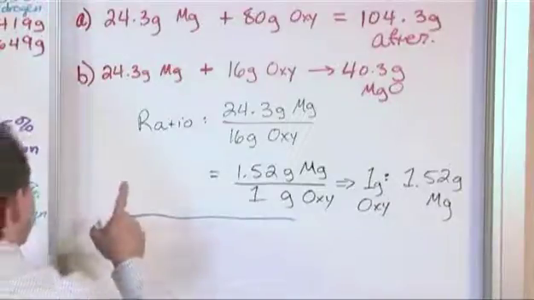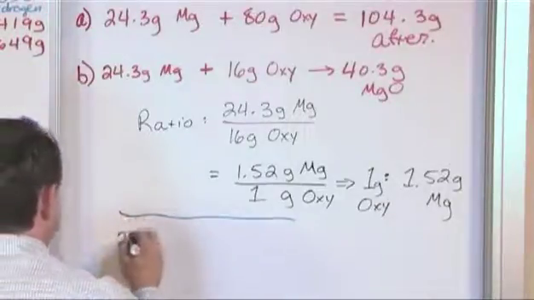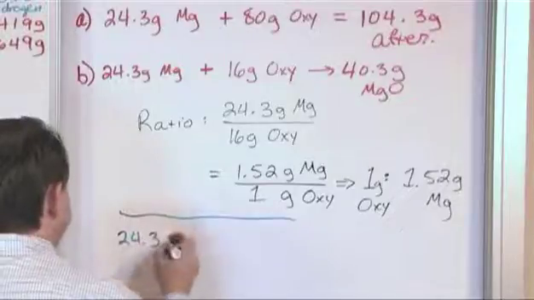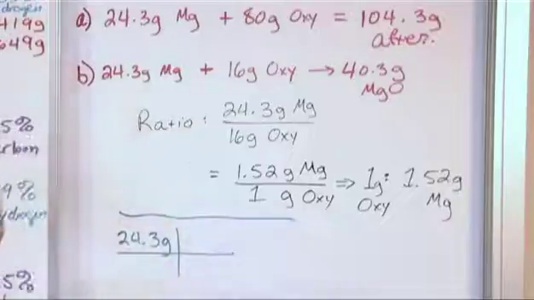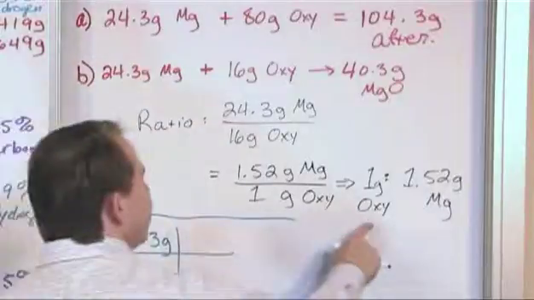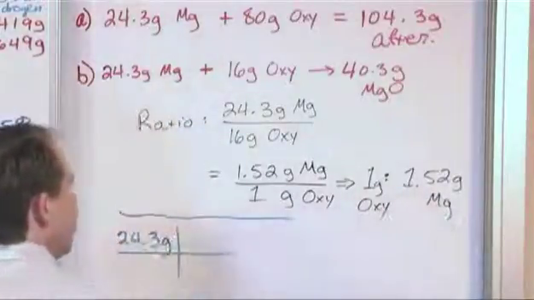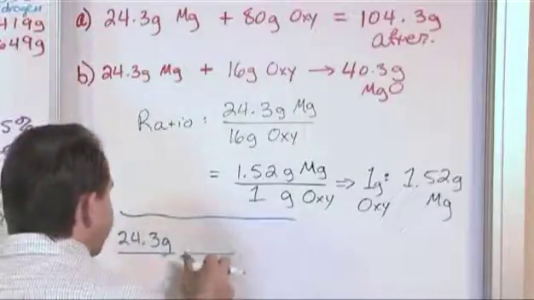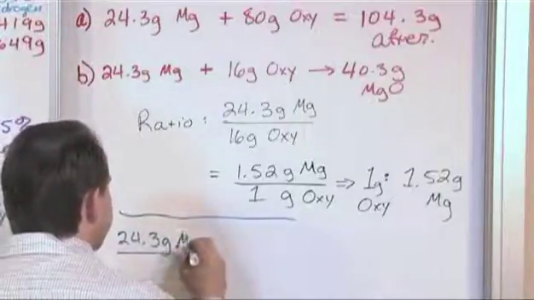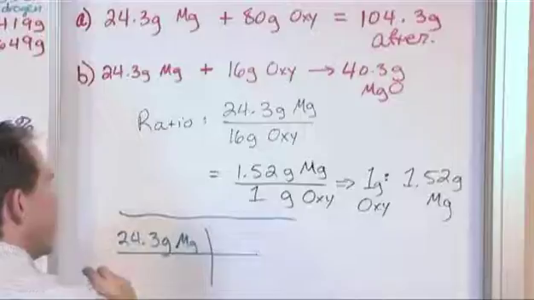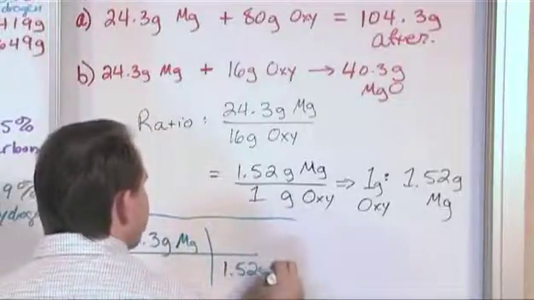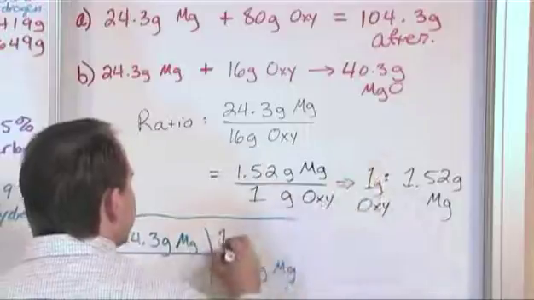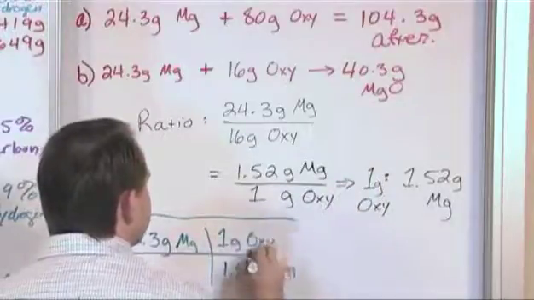So if I start with 24.3 grams of magnesium, right? And I know the ratio of how much oxygen is going to combine with that magnesium. Let me go ahead and make this a little bit more explicit. Magnesium. So we know what we're talking about. I know that 1.52 grams of magnesium combines with 1 gram of oxygen.